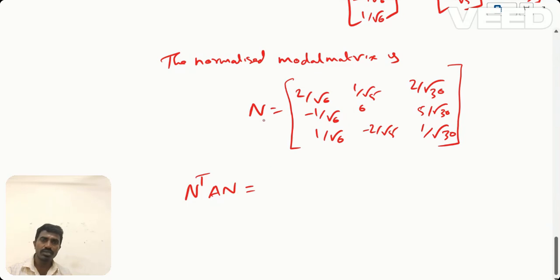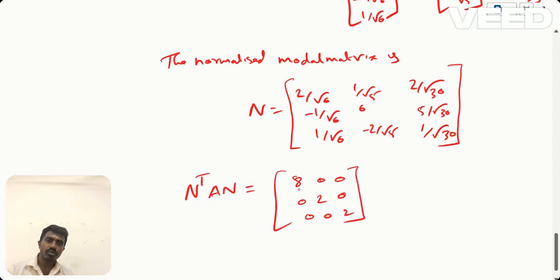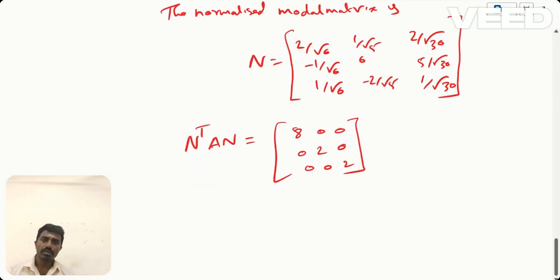So if you find N transpose A N, then you get a diagonal matrix like 8 0 0, 0 2 0, 0 0 2, which is a diagonal matrix whose diagonal entries are nothing but the eigenvalues of A. This is the procedure to find the diagonal matrix of the given matrix.